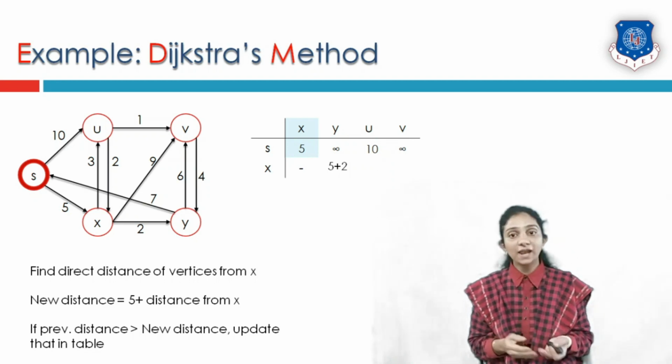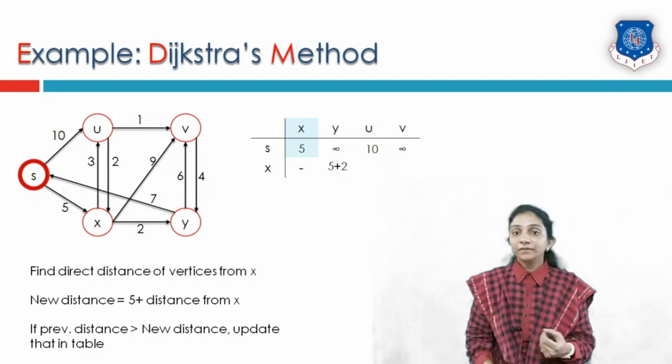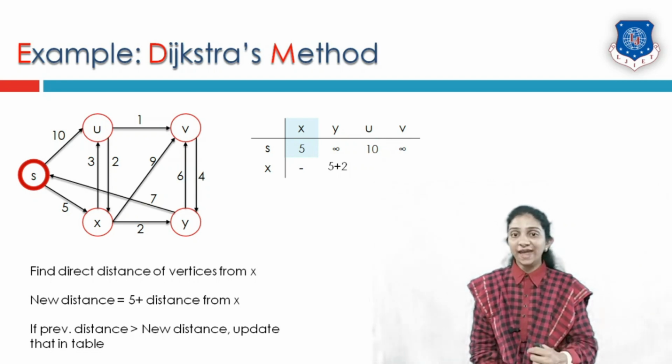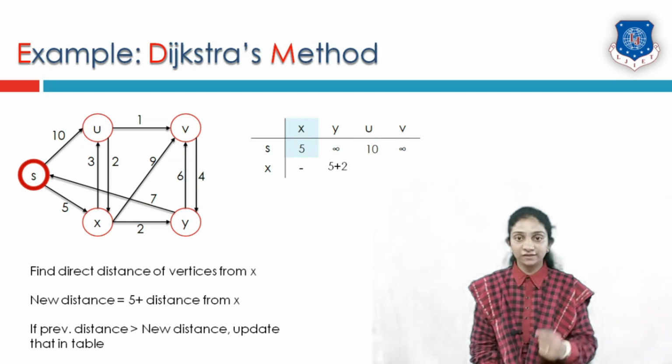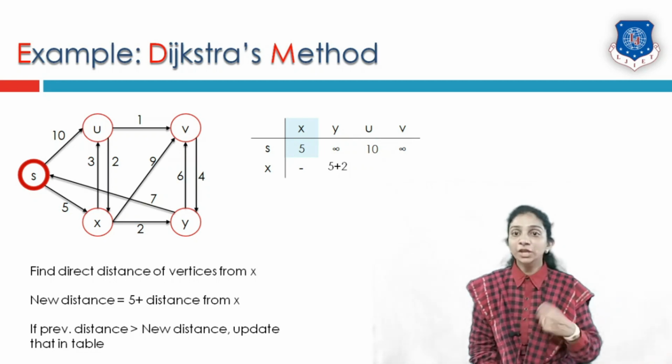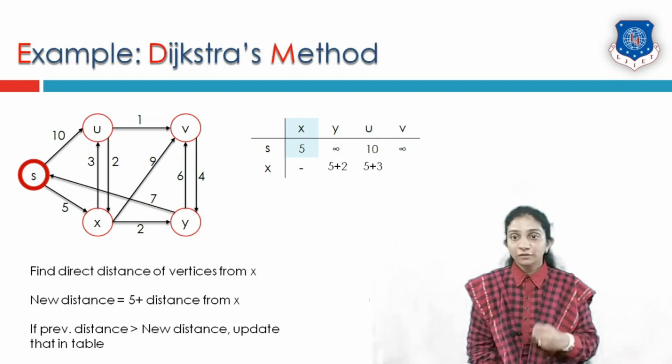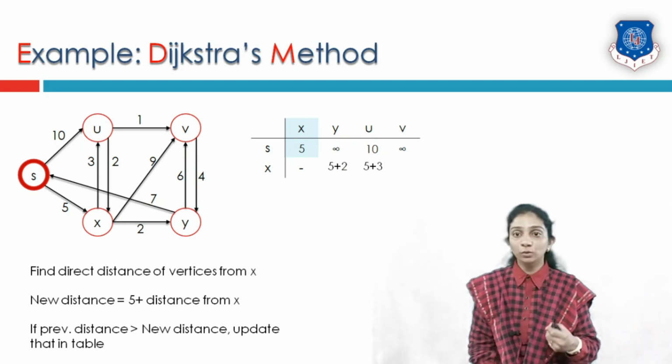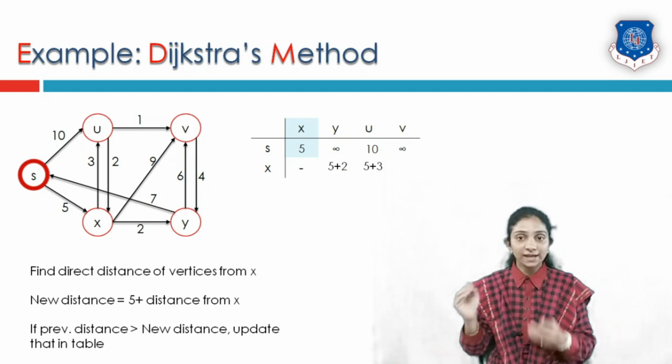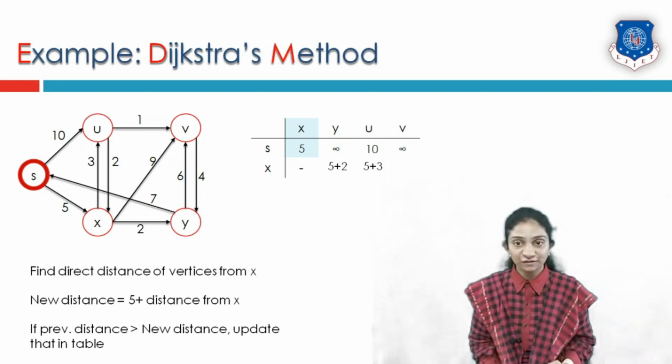Similarly, for cell X and U, the path or edge from the X vertex to the U vertex is 3. So the new distance will be 5 plus 3. The previous value is 10 and the new value is 5 plus 3.